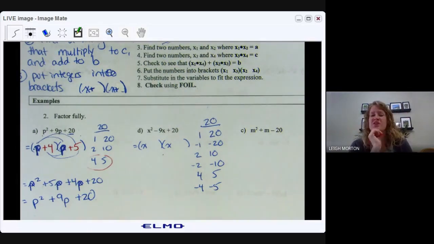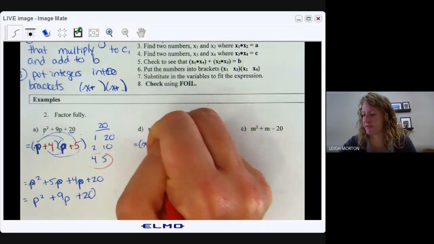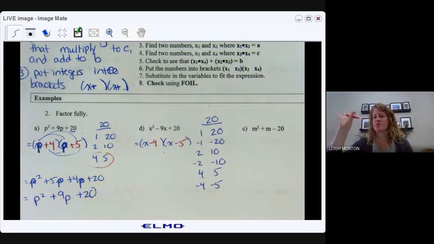Yeah. So can you guys write it as factored form for me? Way to go. So I had x minus 4 and x minus 5. So many good answers coming in. Thank you, all of you. We're done that one. Try C by yourself.